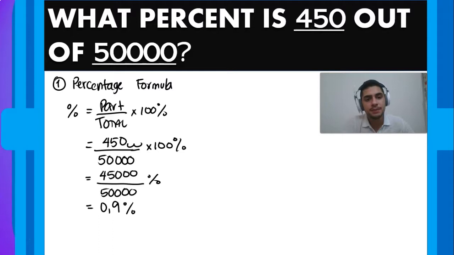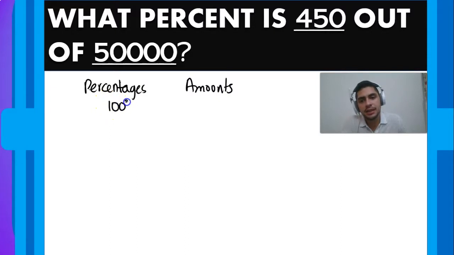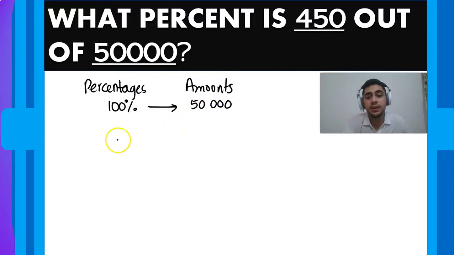But you can remember that you can also use the rule of three. So we put the percentages on one side, and then we put the amounts on the other side, right? So the percentages are 100%, which is going to be the total amount. The total or whole amount is, in this case, 50,000.